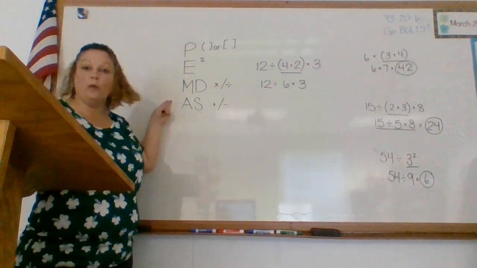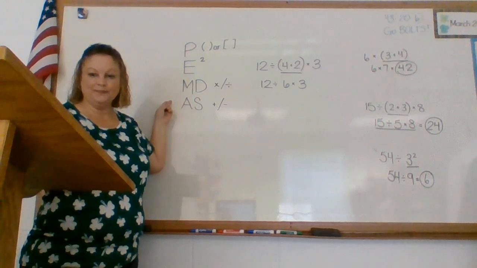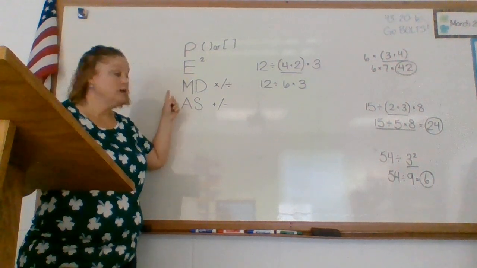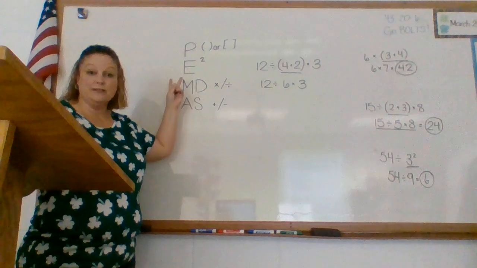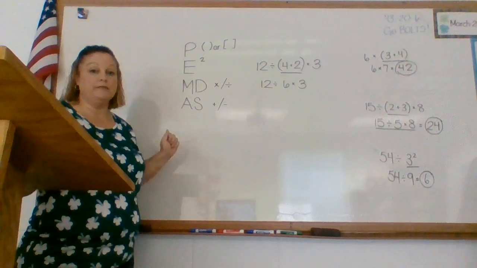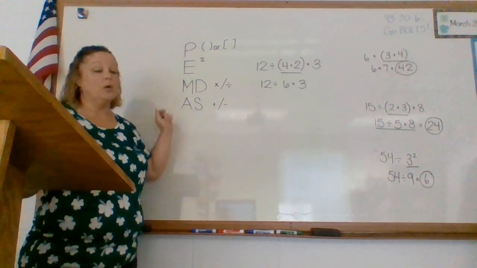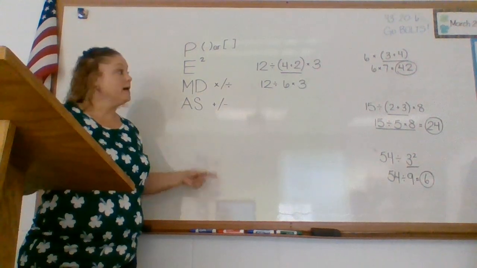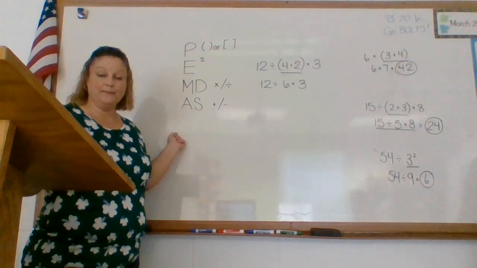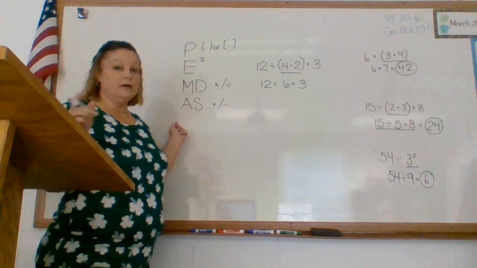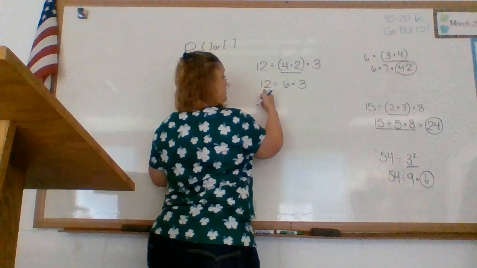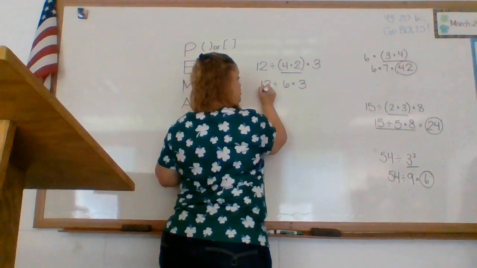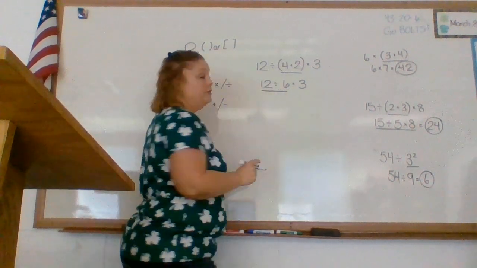Going in PEMDAS, what would be next? There's no exponents, so you're right if you said multiplying and dividing. However, what am I going to do first? Am I going to do 12 divided by 6, or am I going to do 6 times 3? Hopefully you remembered, because it's only multiplication and division, we go from left to right.